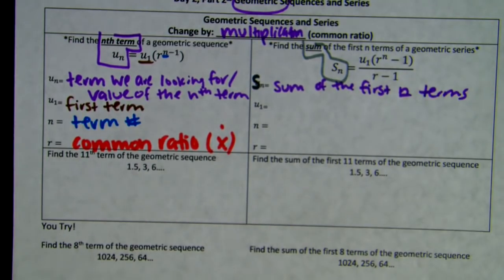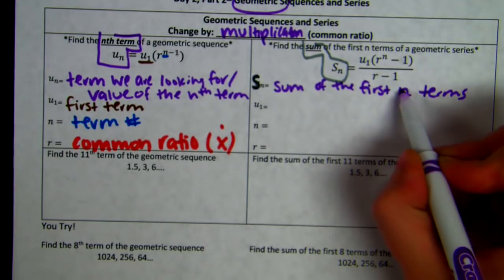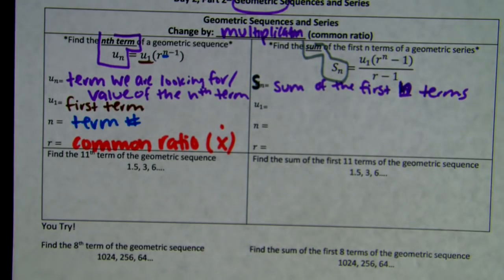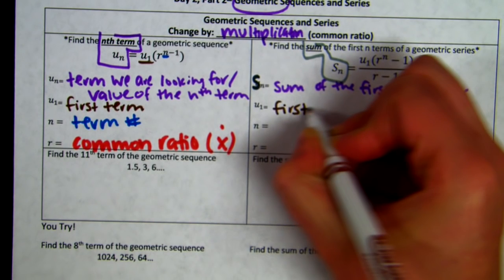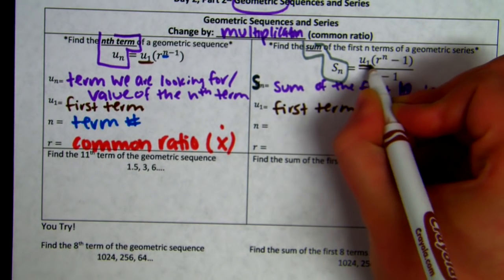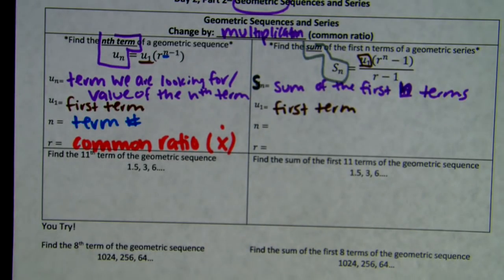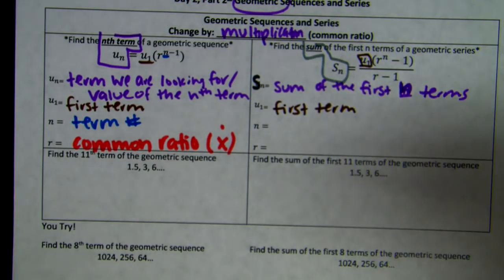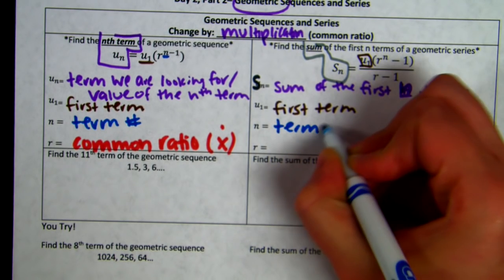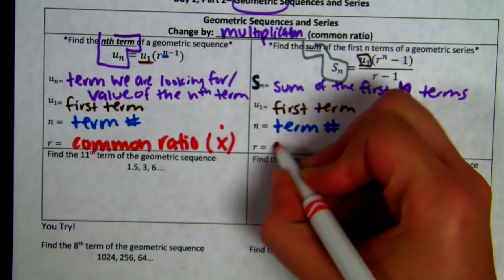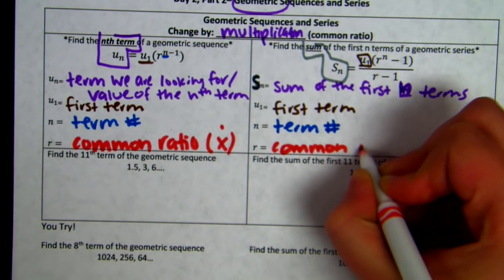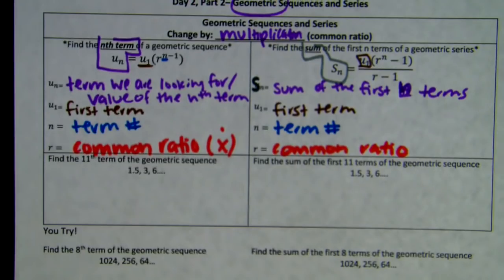Reminder that first n terms is just the first however many terms. u1 is equal to the first term. Reminder, un is right up here in our numerator. N is equal to the term number. And r is once again equal to our common ratio, which is again in terms of multiplication. The common ratio is the amount that we are changing by each time.